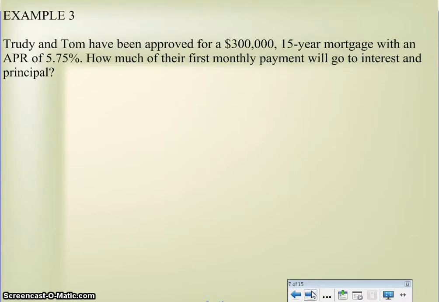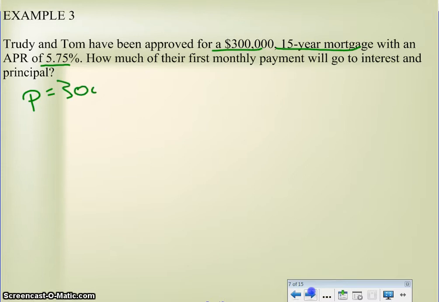All right, example 3. Trudy and Tom have been approved for a $300,000 15-year mortgage at an APR of 5.75. How much of their first monthly payment is going to go to interest? So I'm going to introduce a new formula here, but the first thing that we need to do is identify, because it wants to know interest and it wants to know principal.